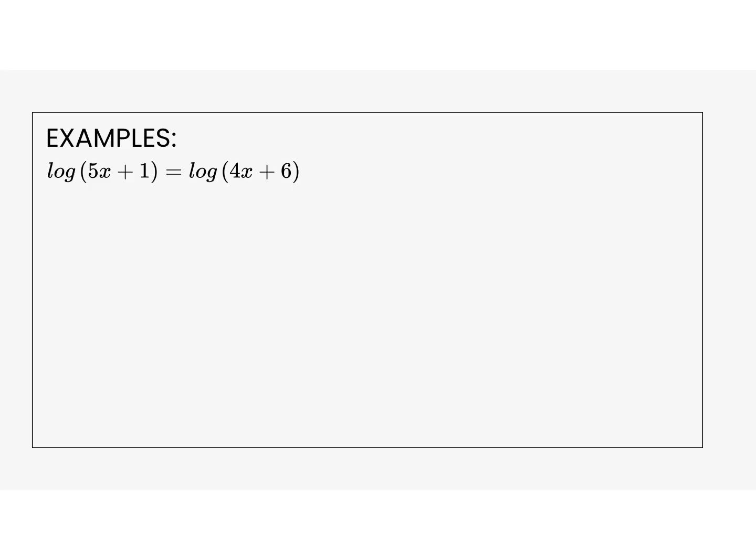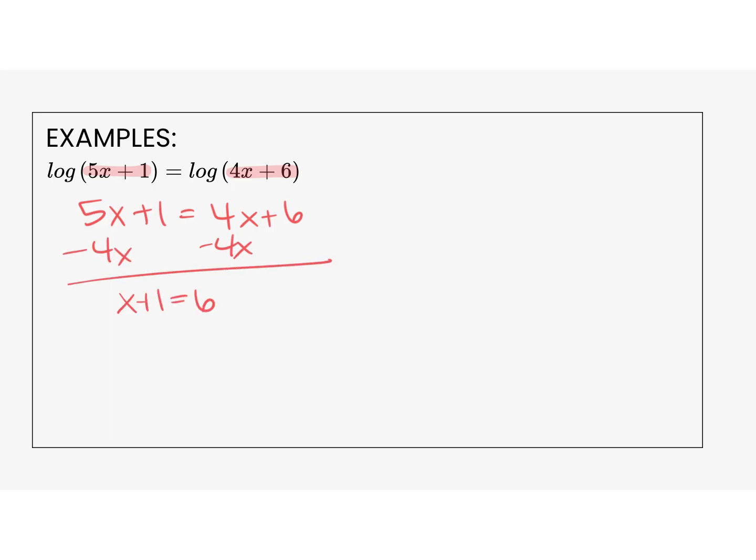Okay, number 3, here you have an example of logs on both sides. So when I see that, all I'm going to do is set this equal to this. So 5x plus 1 equals 4x plus 6. I'm going to bring my 4x over. So I get x plus 1 equals 6, subtract 1. So I get x equals 5.